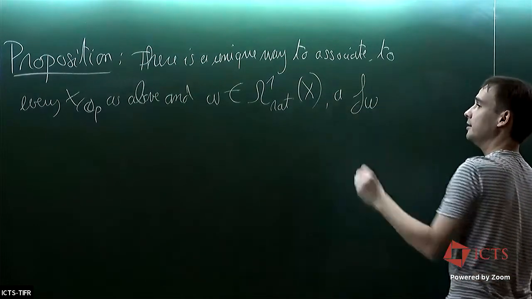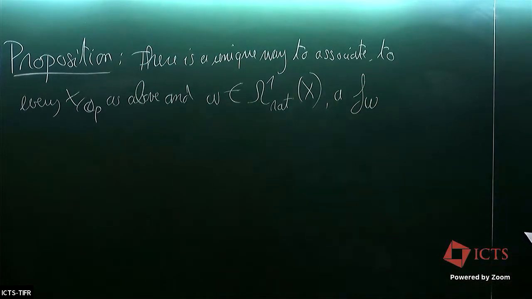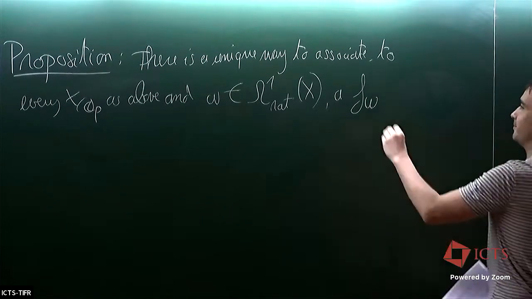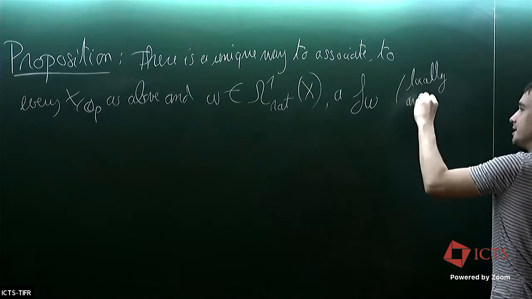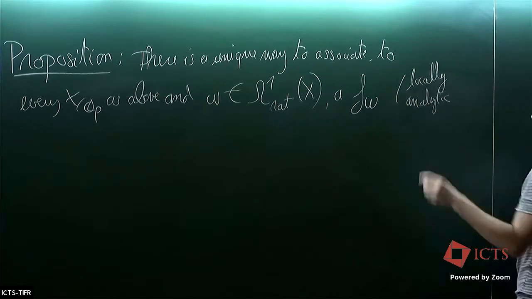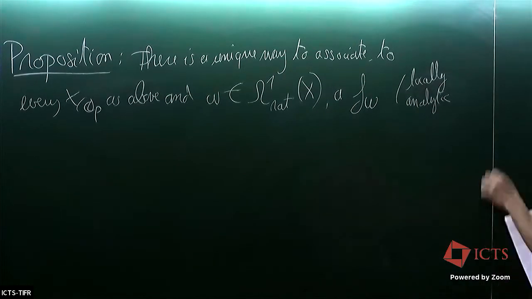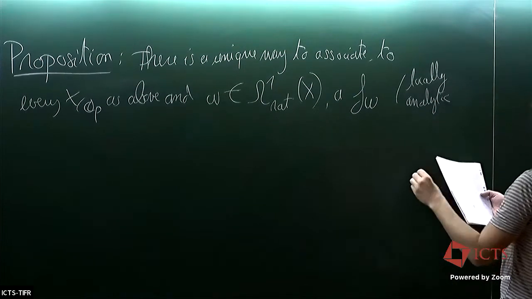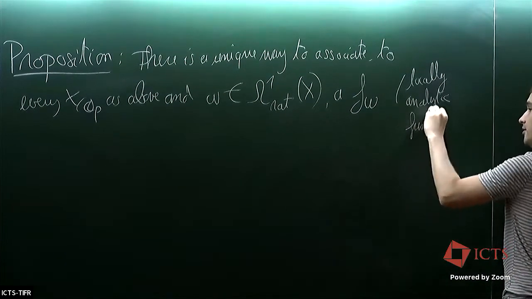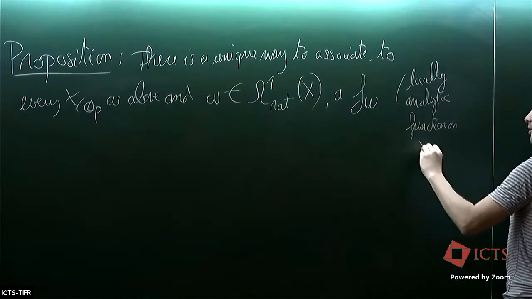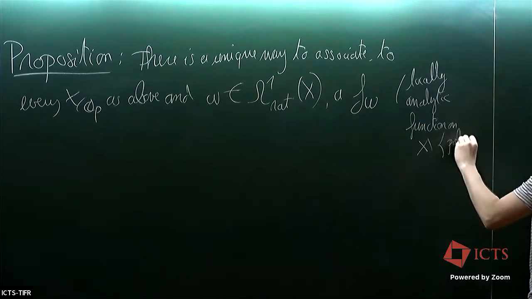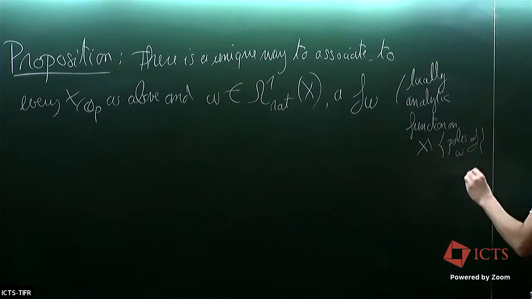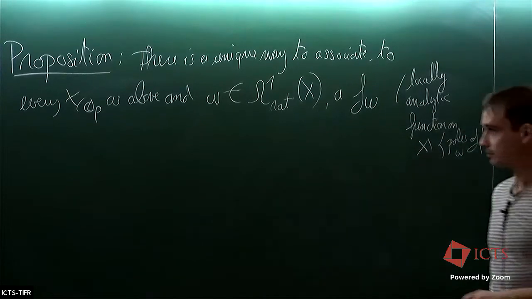f omega, and I will not explain where it lives. At least I'll say it's locally analytic. I will need more theory to explain exactly where it lives, but think of it as a locally analytic function on x minus the poles of omega.